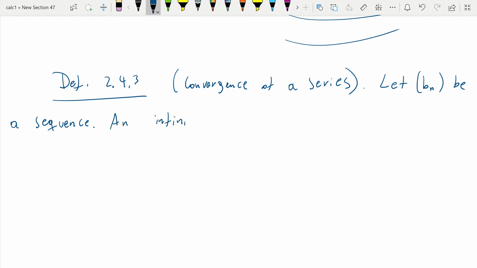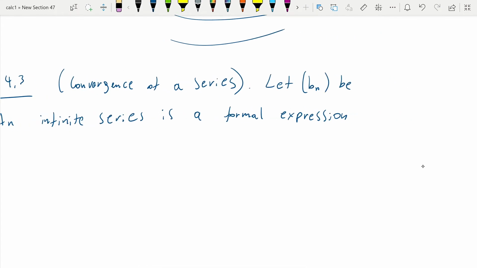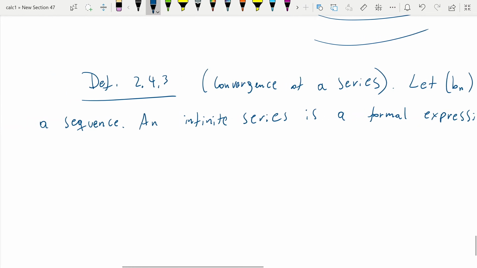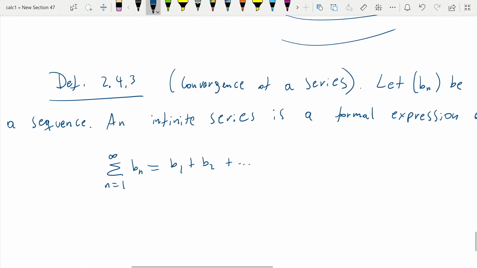An infinite series is in principle just a formal expression of the form the sum from n equals 1 to infinity of b_n, meaning, if we spell it out, it's b_1 plus b_2 plus etc. And it's a formal expression because we saw at the beginning of the chapter this expression may not make any sense at all.